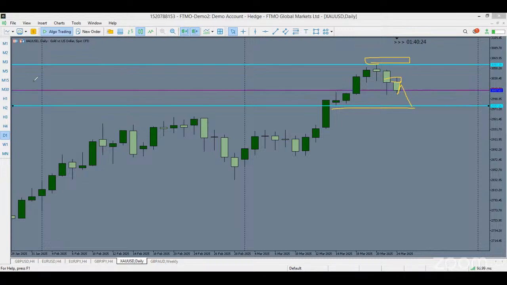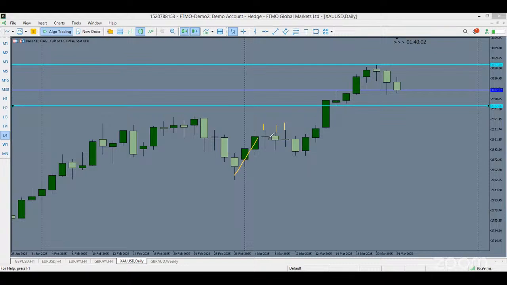If you look at what happened here, mind you, this is the daily chart. It pushed up, then it gave you a doji, and you're waiting to see what is going to happen next. Then it gives you another doji, and then another doji. What does that tell you?